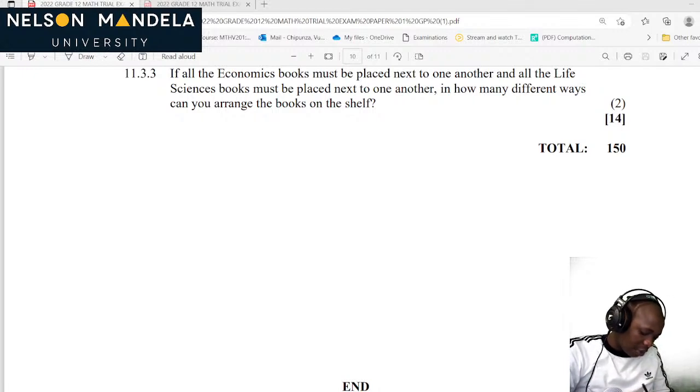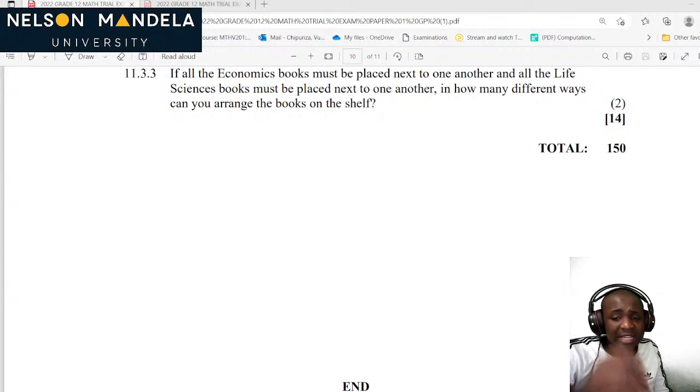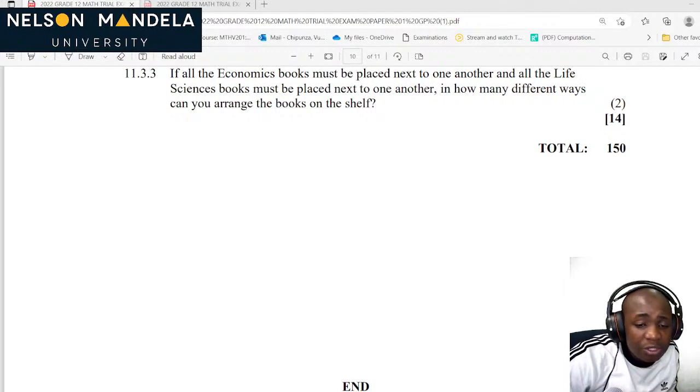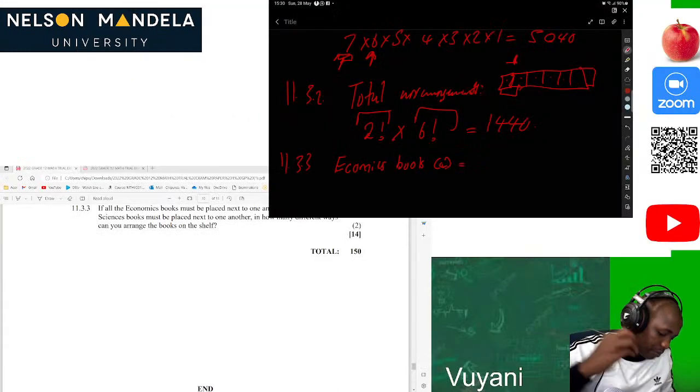We know that economics books are 4, and they can be placed in any different way next to each other. So that should be 4 factorial.